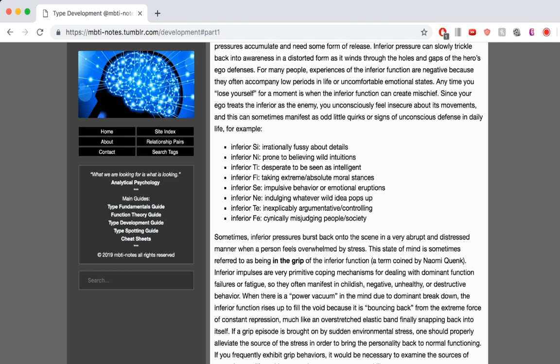So here's what happens when you try to repress your inferior, or you're not using it very well. SI, which was familiarity, you might see as being fussy about the details, and you might not like it. Generally, your inferior will be something that you don't naturally like.